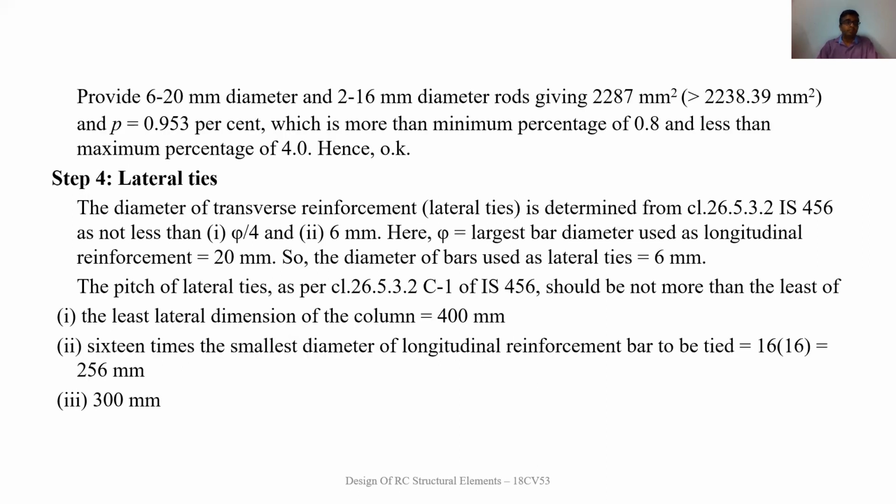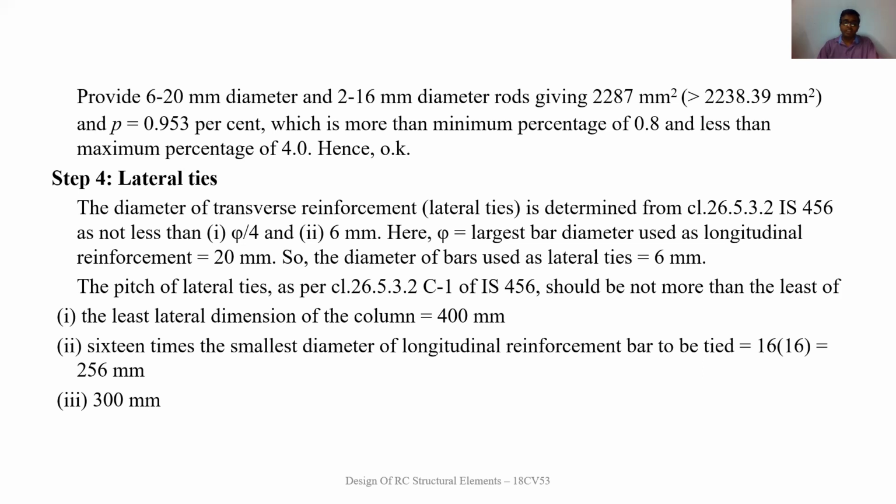And the dia of the bar should be decided depending upon the area, depending upon the number of steel. The minimum dia of the bars in the column should not be less than 12 mm and the maximum dia of the bar can go up to 32 mm.